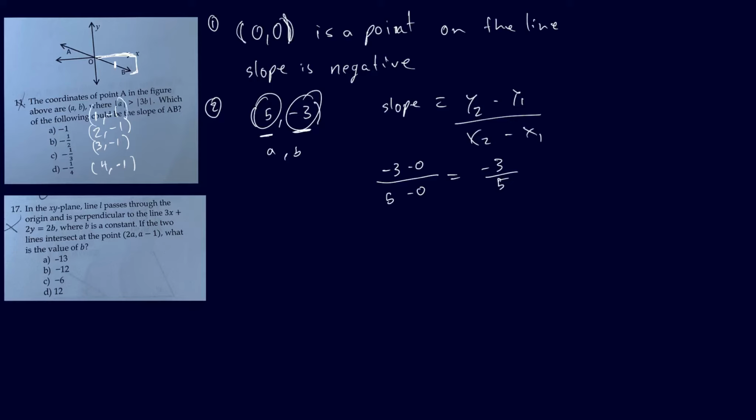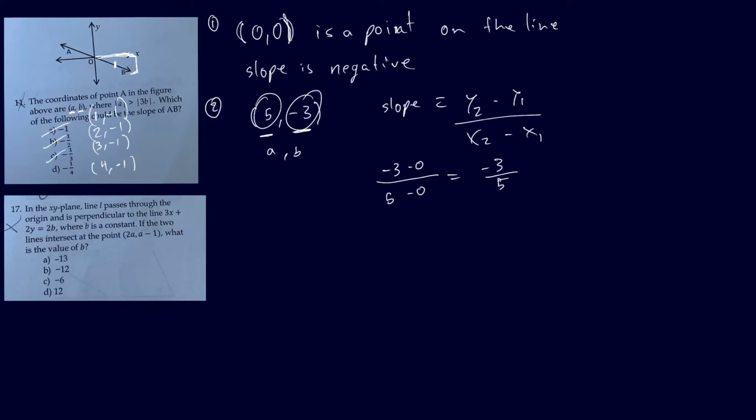Now, the question says that the absolute value of a has to be greater than the absolute value of 3b. So a, the first coordinate, has to be greater than 3 times the second coordinate. The first one doesn't work because, and we're only dealing with absolute values, 1 is not greater than 3 times 1, so it can't be A. 2 is not greater than 3 times 1, because 2 is not greater than 3. 3 is not greater than 3, so C is out.